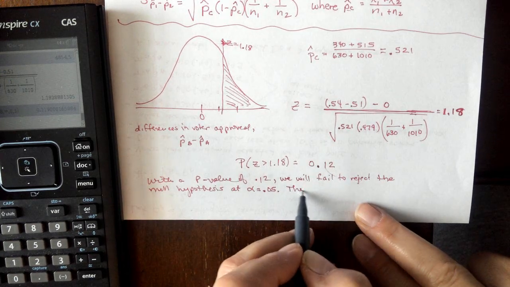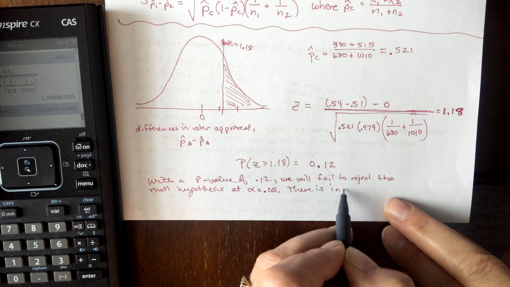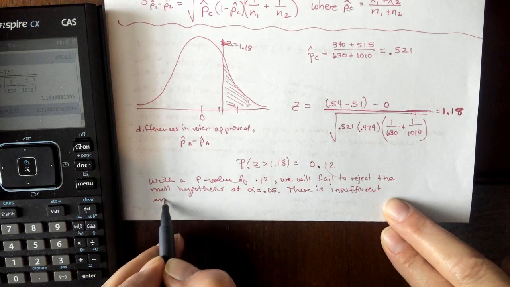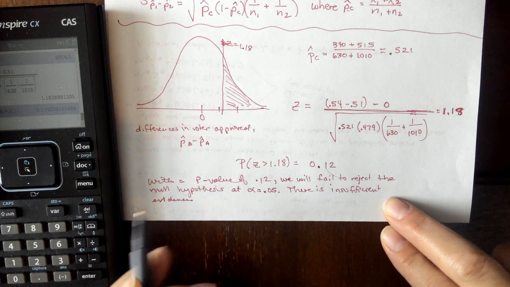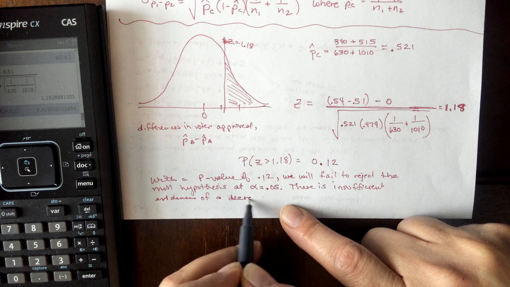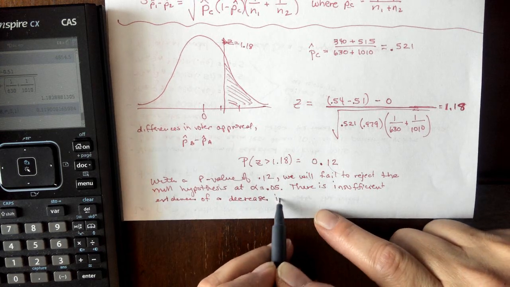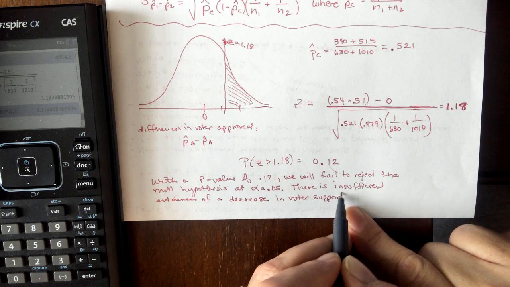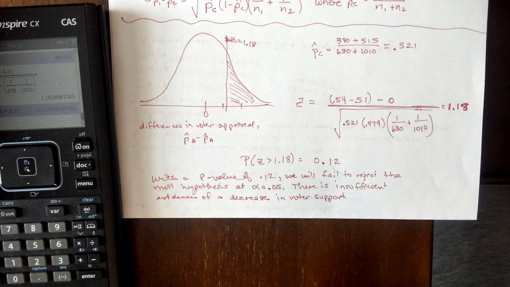There is insufficient evidence of a decrease in voter support, which is the same wording we started with in the original problem.